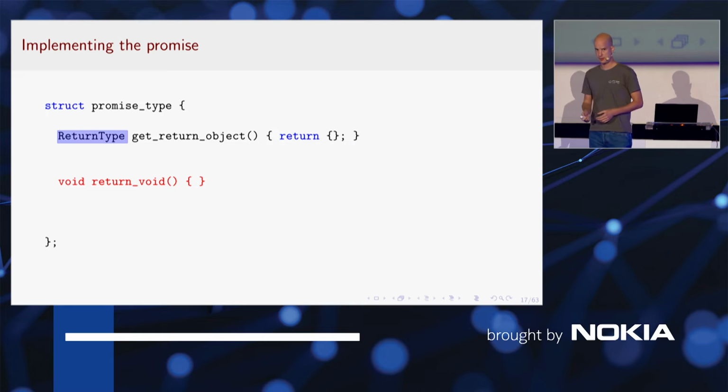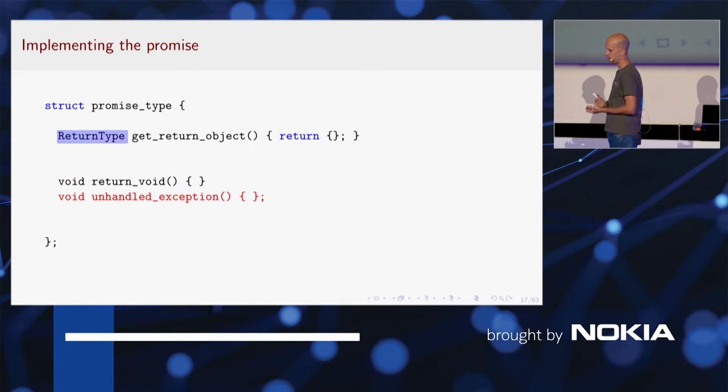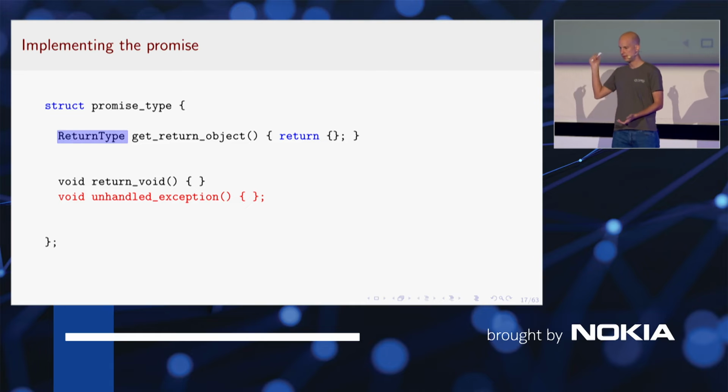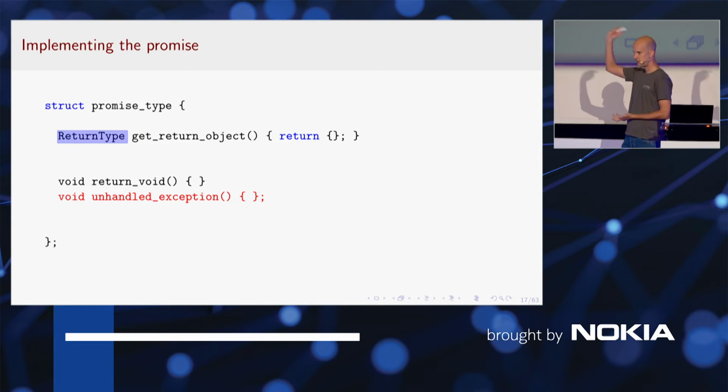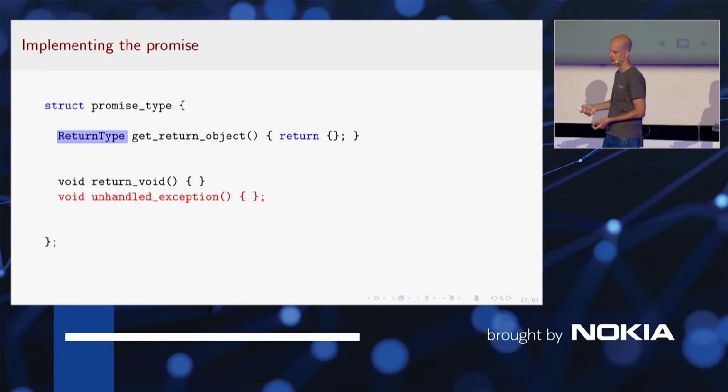But returning is not the only way we can leave a function in C++. We could also exit the function through an uncaught exception, and that is what this handler is for. So I also need to provide this. And for my simple case, I'm just going to leave all of these empty, right? I just want to make my code compile for the moment.